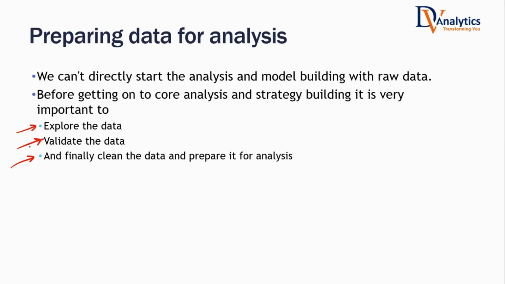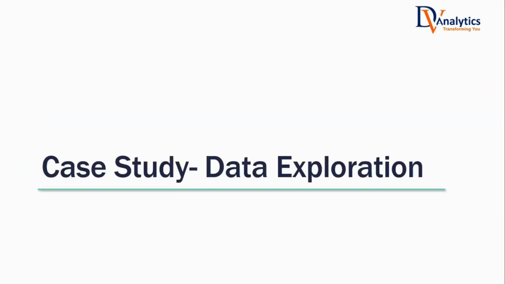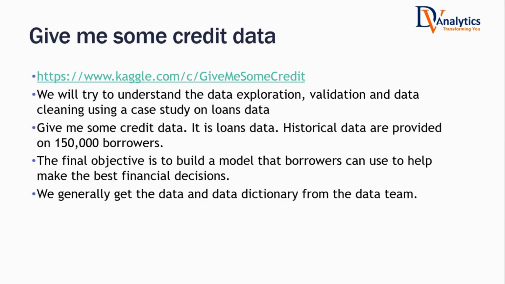We're going to do all this learning using a case study. There's a data set called Give Me Some Credit data. This is a data set that is used for building a credit risk model. To build that model, we have got the data. Before building the model, we would like to explore, validate, clean the data before we go on to the final analysis.